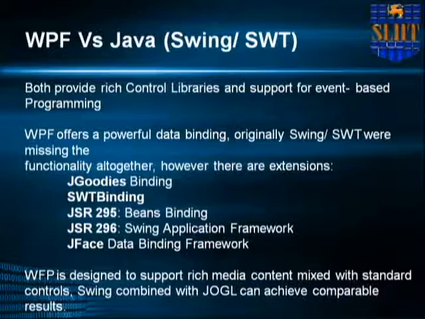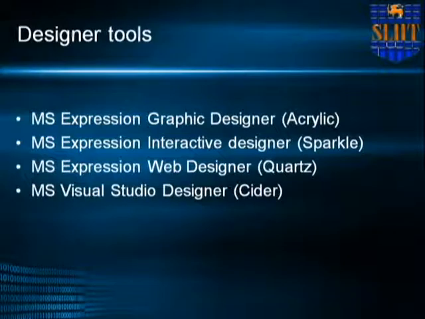However, there are extensions such as JGoodies binding, SWT binding, JSR 295 beans binding, JSR 296 Swing application framework, and the JFace data binding framework. WPF is designed to support rich media content mixed with standard controls. Swing combined with JOGL can achieve comparable results.